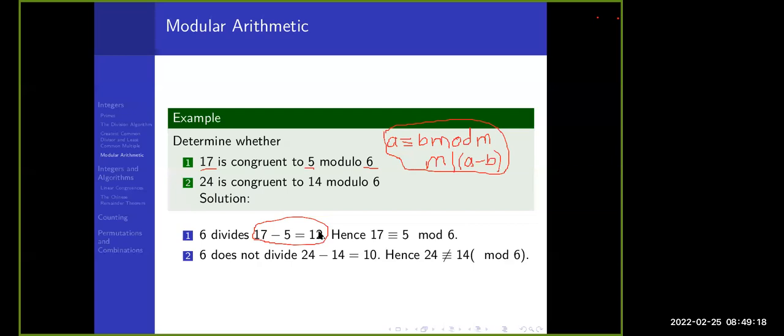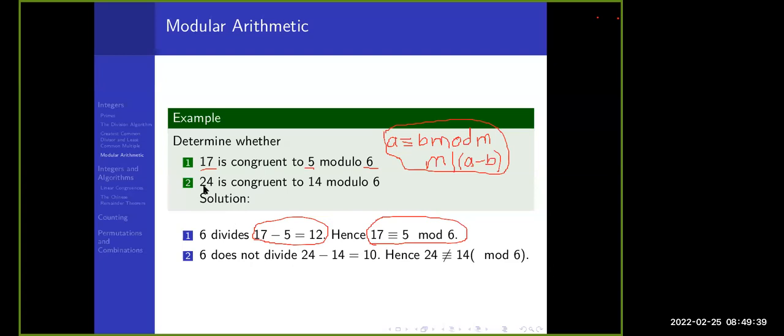So 6 divides 12, and therefore we can comfortably say that 17 is congruent to 5 modulo 6. Make sure you get these definitions correct, because we shall be using this very frequently. And if you don't understand these definitions, they will not be making sense.